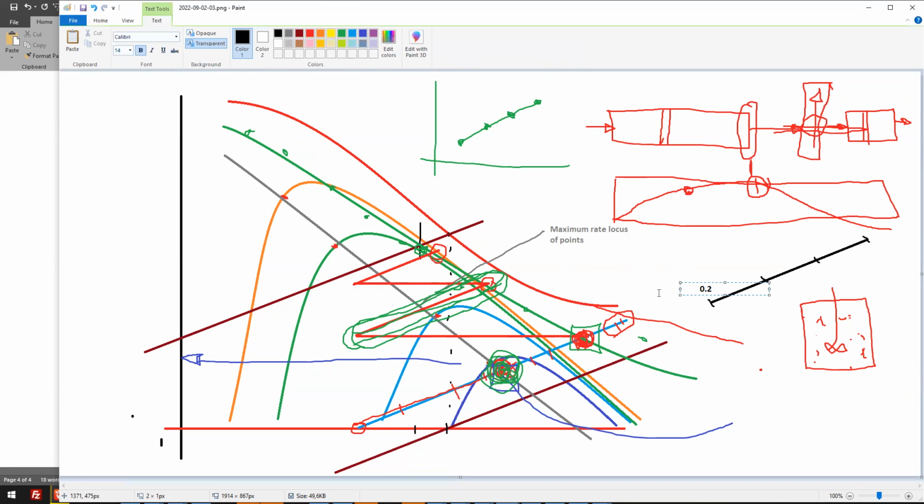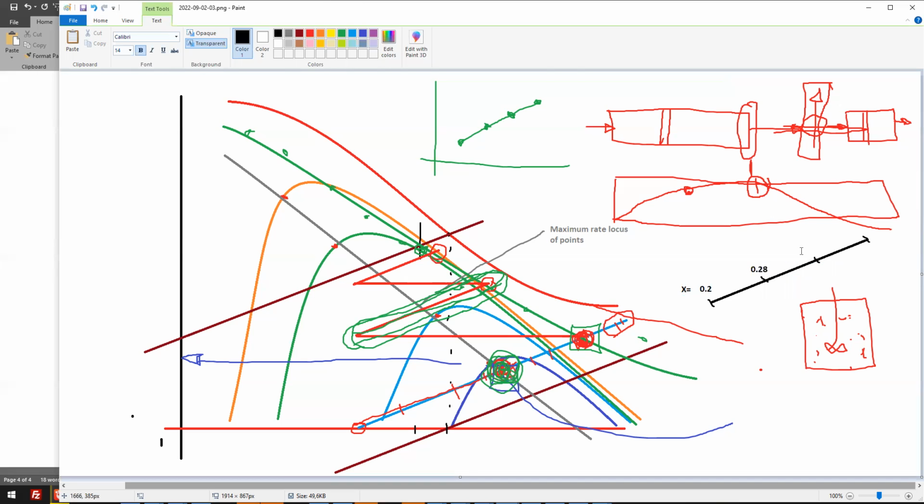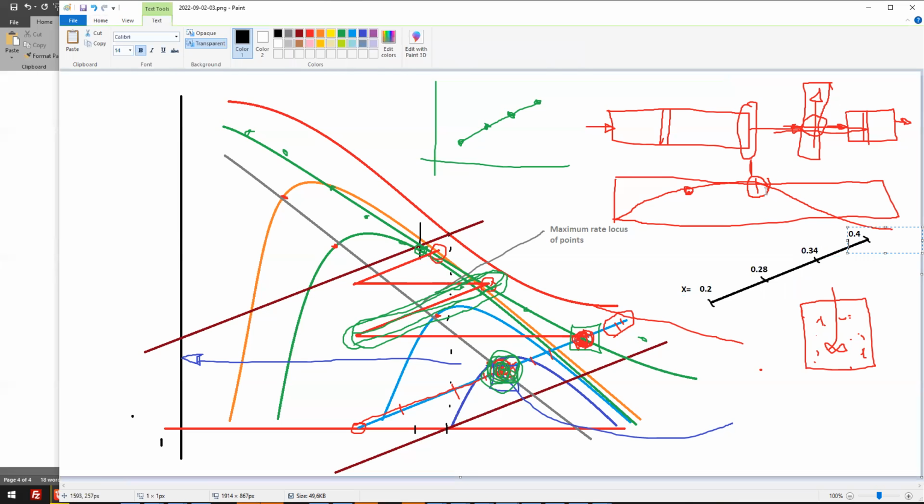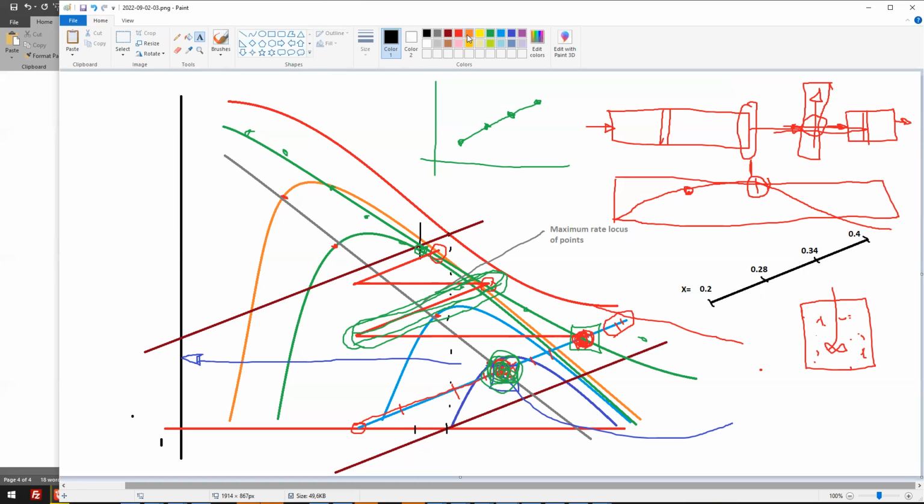We can say here x equals 0.2, 0.28 maybe, 0.34 and 0.4. So let's say we had chosen those points, and then we would also specify some rate values.